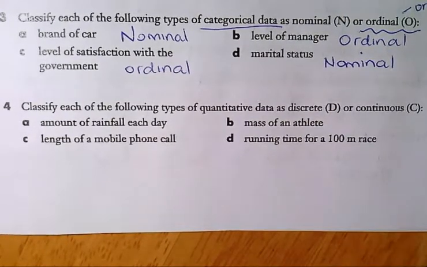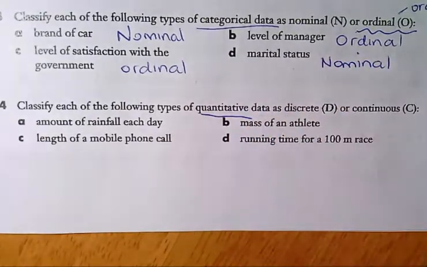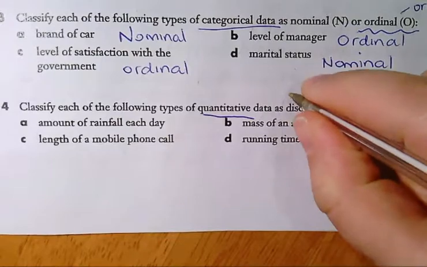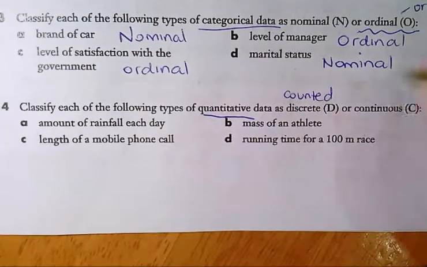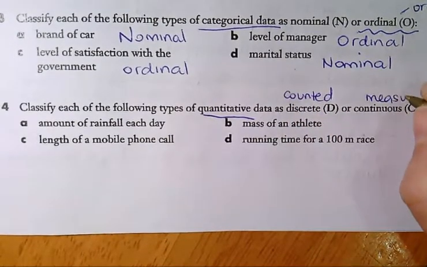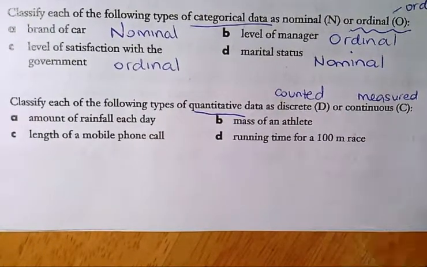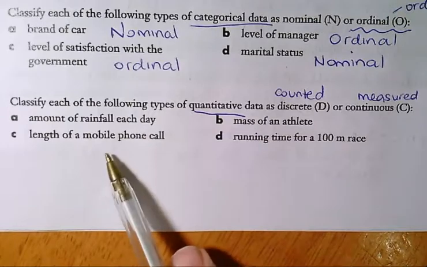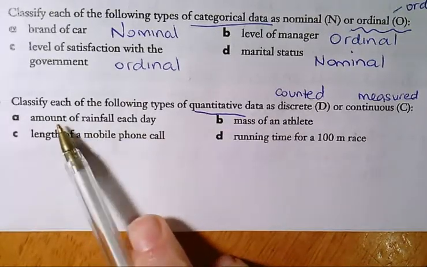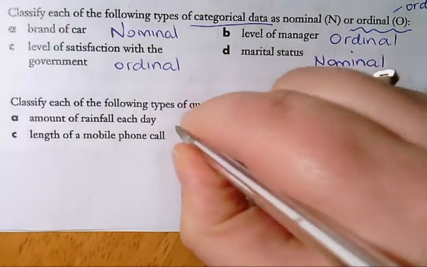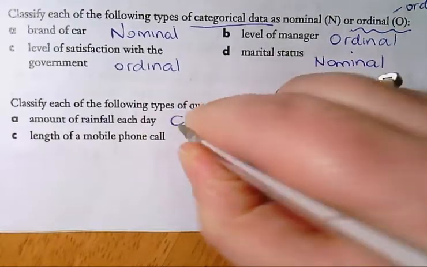And now with question 4, it says classify each of the following types of quantitative data as discrete or continuous. So quantitative data is data that is numerical. Remember, discrete can be counted. Continuous, you have to measure it on either a scale or with a thermometer or with a stopwatch or something like that. So, amount of rainfall each day, well, that's measured, so that would be continuous.